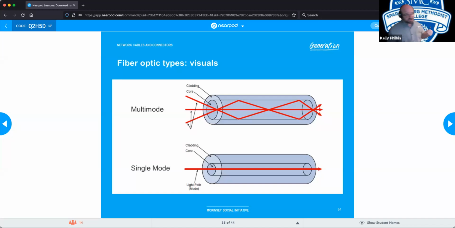It is a medium range system, but allows for pretty high throughput. Single mode right here uses a single laser to transmit the data through the line. It does not bounce it around. It does not use multiple colored lasers. So it is able to transmit over a much longer distance.